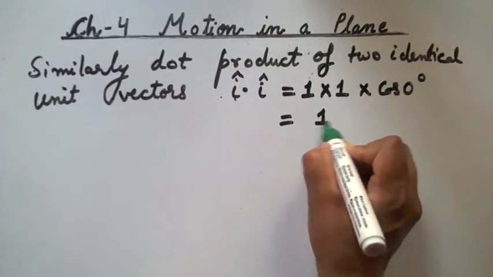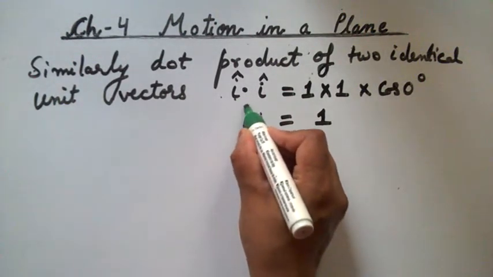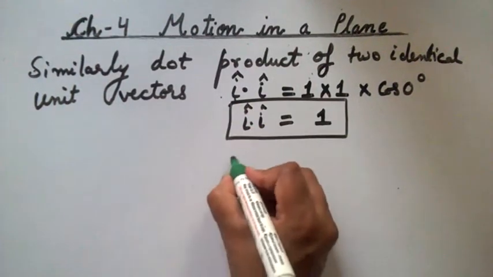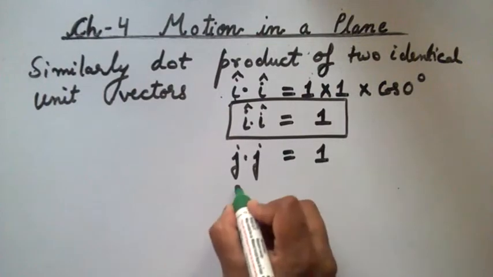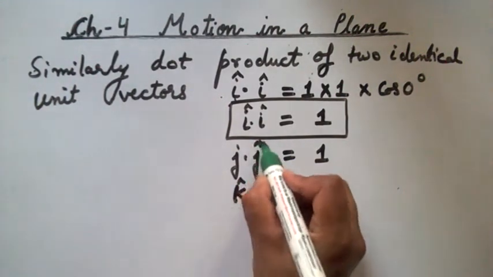That is, i dot i is unity. Similarly, j dot j equal to 1, and another identical unit vector is k dot k equal to 1.